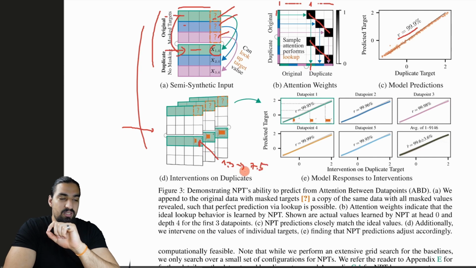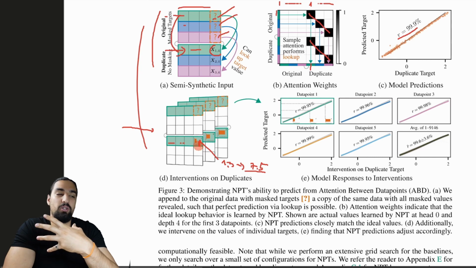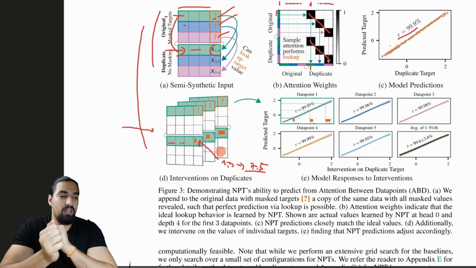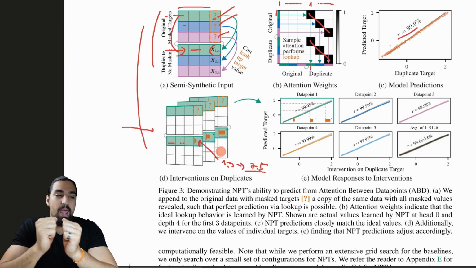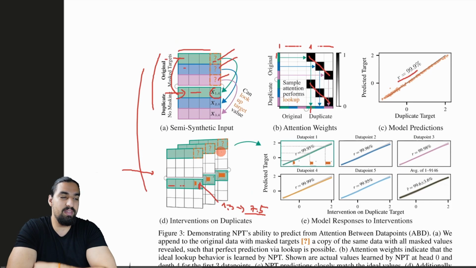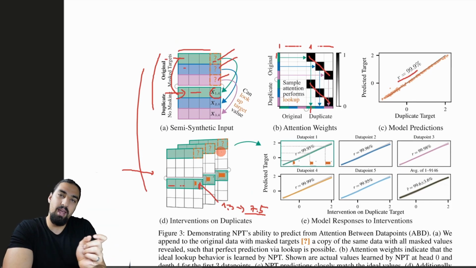That combination, 7.5 with similar attributes, has never been seen in the training data set. So if the model learned to just use the attributes and figure out the target value, it's going to fail here. On the other hand, if it learned to do what I previously mentioned, which is to attend to the vector and copy that value, it's going to have nice performance.